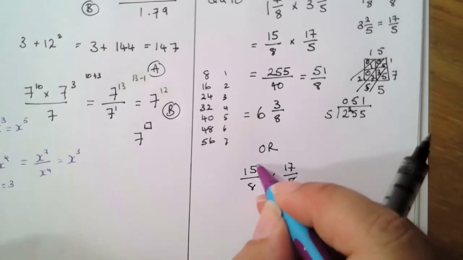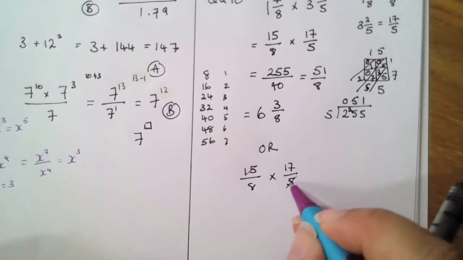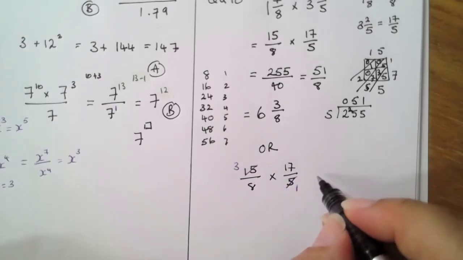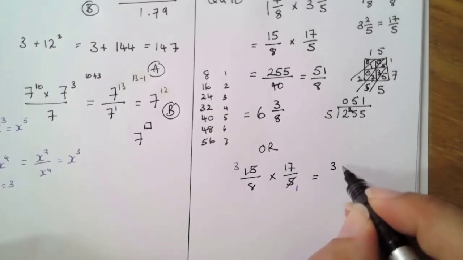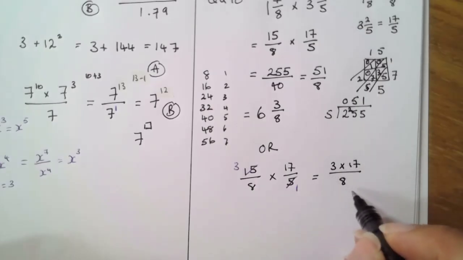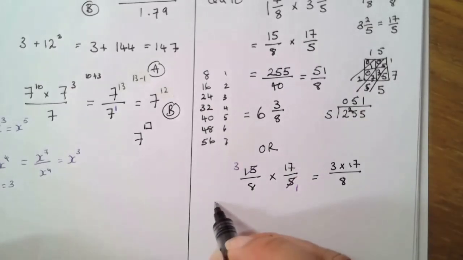We're going to divide the numerator and the denominator by 5. This divided by 5, this divided by 5. And then what I'm doing is I'm taking 3 multiplied by 17 and 8 multiplied by 1. This is far friendlier than having to multiply 15 by 17.